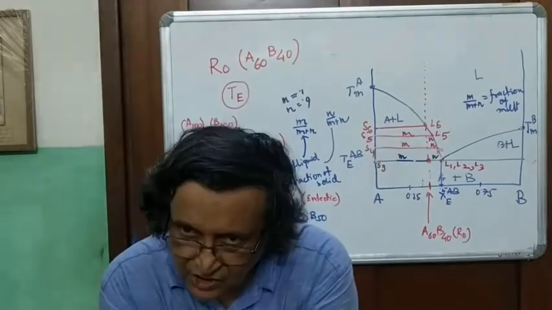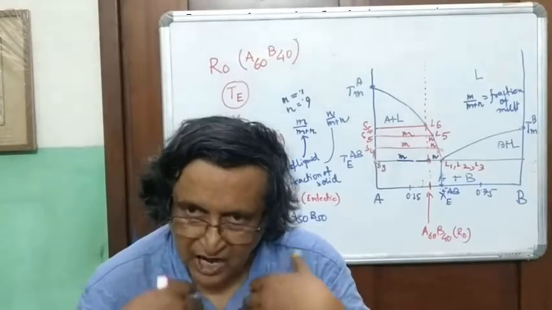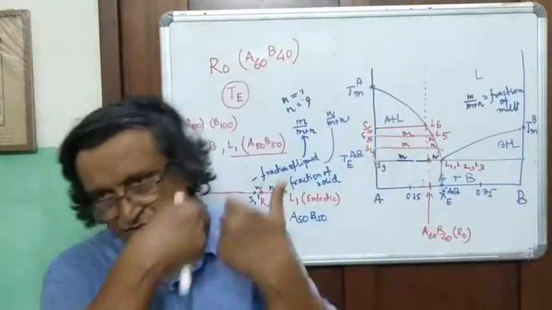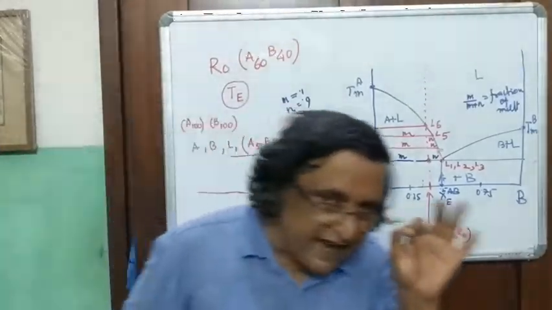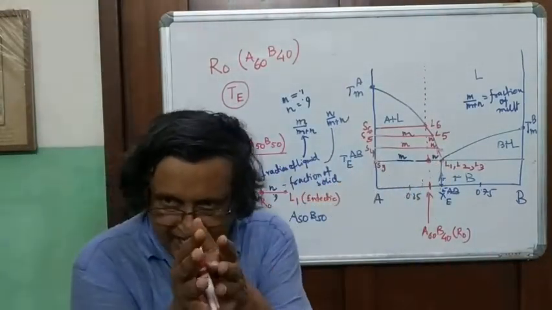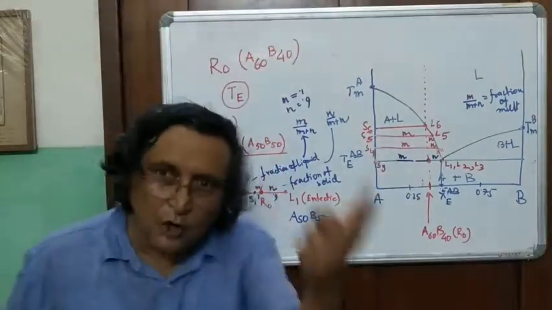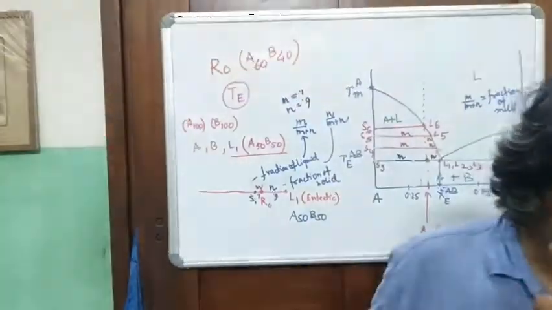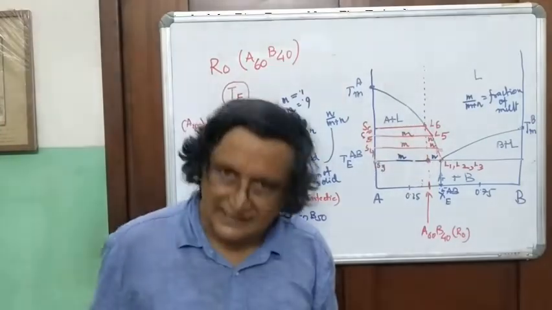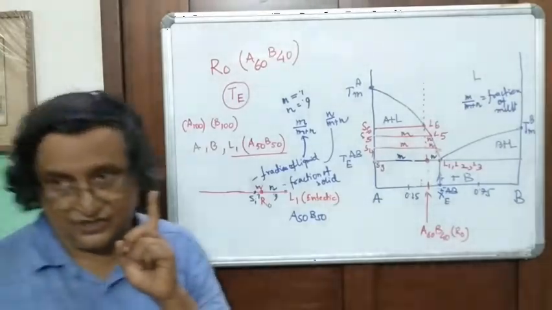It does not allow the temperature to rise. The more you heat, so long as A and B are there, more melt is produced, higher productivity of melt, but the temperature does not rise. That is very critical. Only when that assemblage of minerals A and B changes, when A goes out, B goes out, then the temperature of the melt starts to increase.